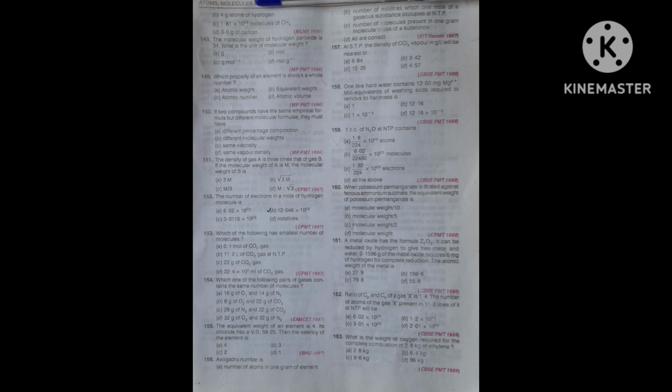Third option, 1.32 divided by 224 into 10 to the power 23 electrons. Fourth option, all the above. Now just think and answer. This question is also asked in medical examination.